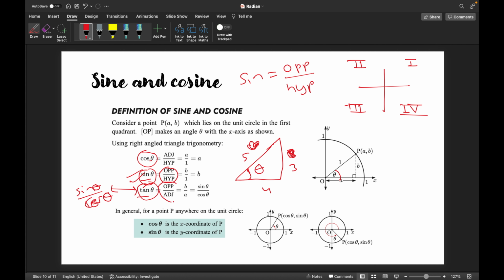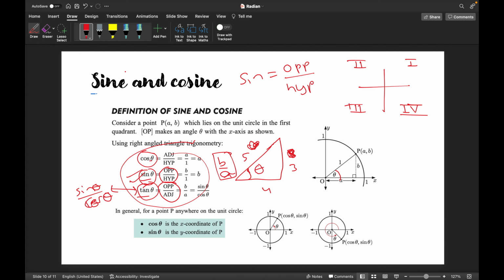But if we want to write in terms of opposite and adjacent, tan theta would be opposite by adjacent, which is B by A, which is essentially sine by cosine, which is B by A also. So these are the ratios. It's very important to know them.